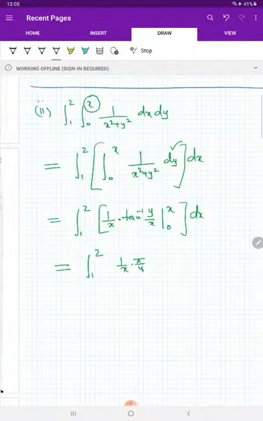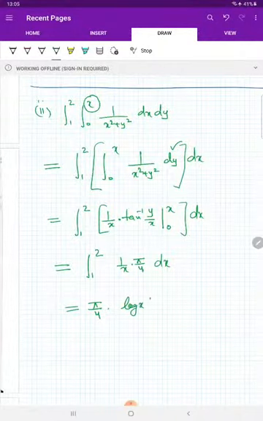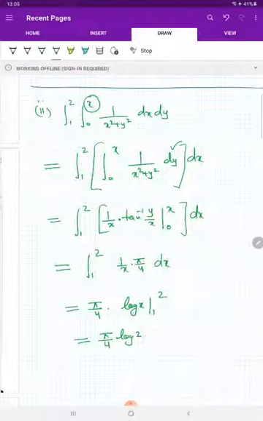Tan inverse 0 is 0, so no need to write it. Again, it is a single variable integral, you can solve it easily. Pi by 4 times the integration of 1 upon x is nothing but log x with limits 1 to 2. On putting the limits, we get pi by 4 times log 2, since log 1 is 0.